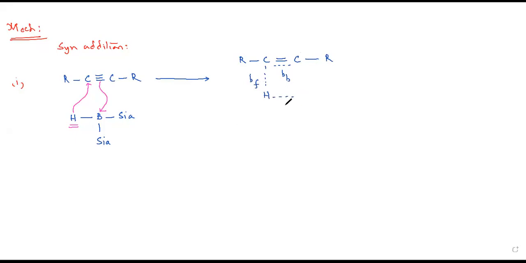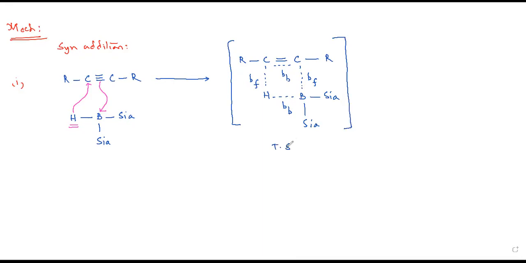This bond, of course, gets broken, right? Then, of course, two Sia groups. In this one, a new bond, right? So this is again a kind of transition state.